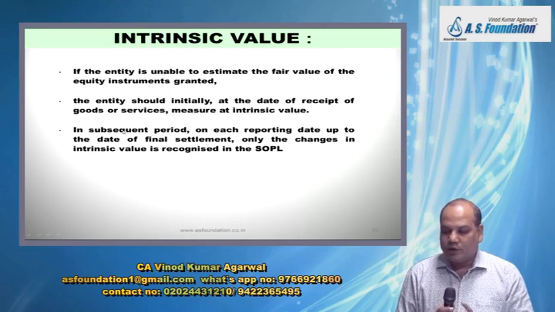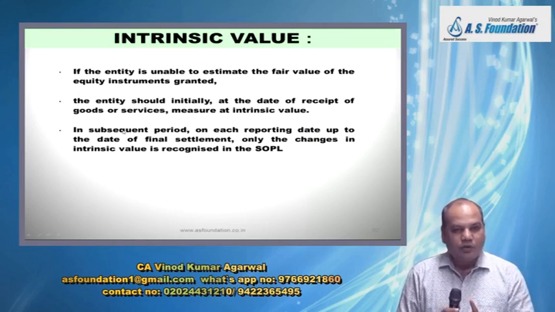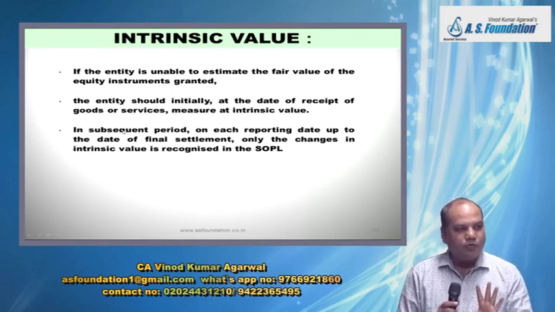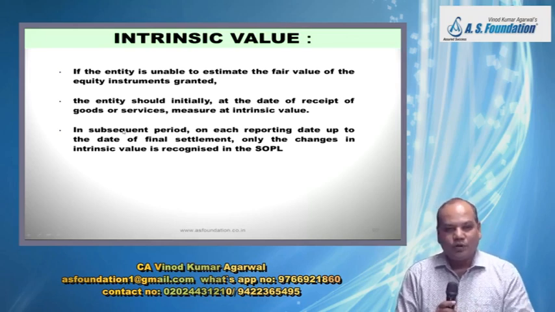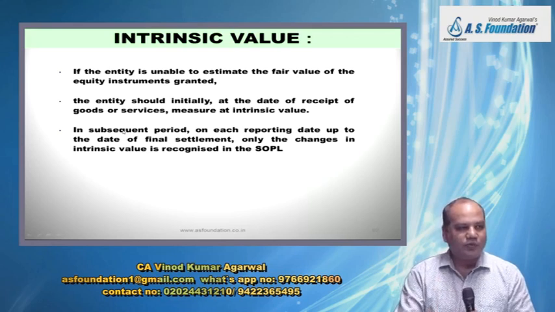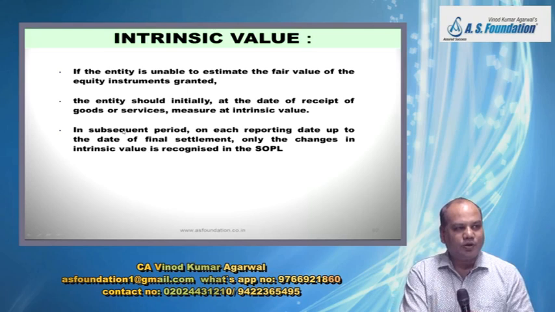If that is not available, fair value of shares to be issued. Second, if you are dealing with employees, then we'll take fair value of shares to be issued. That means fair value will be based on shares to be issued, not on the basis of service rendered by the employee. Because the standard assumes that fair value of service rendered by the employee cannot be calculated reliably.